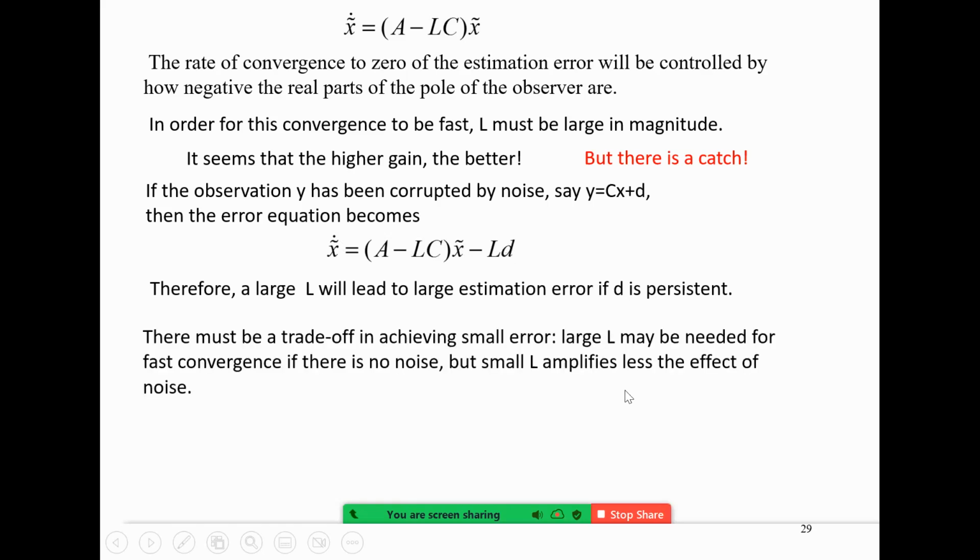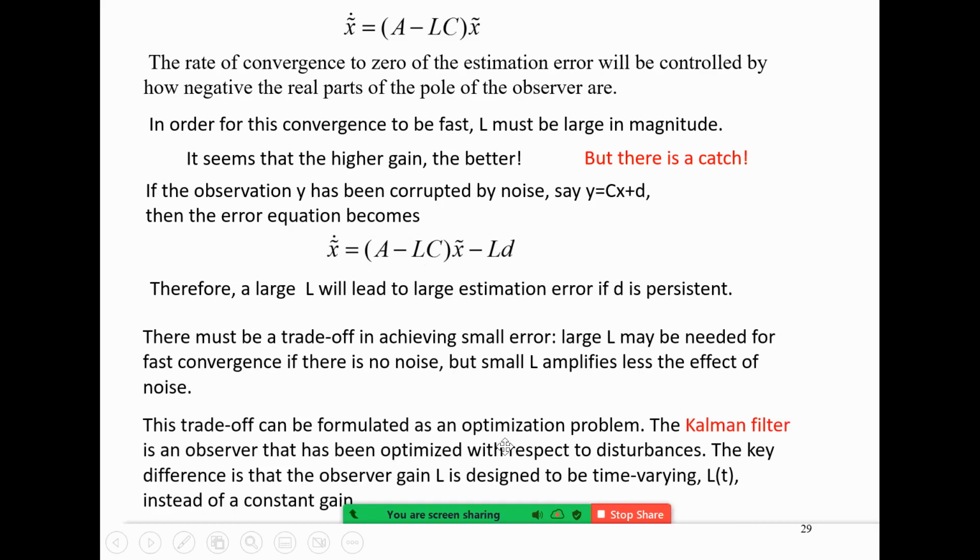Then you can say there must be a trade-off in achieving a small error. We know a large L may be needed for fast convergence if there is no noise. But on the other hand, a small L will minimize the impact of the noise. So we cannot make it too big, but we don't want it to be too small.